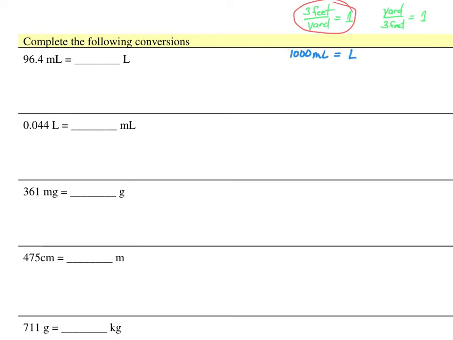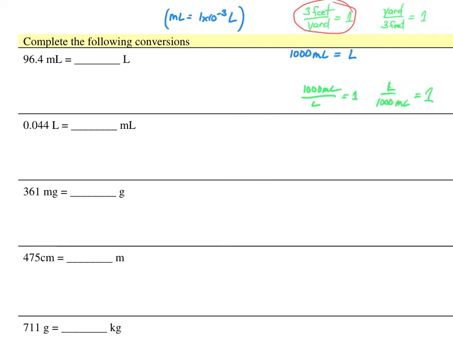I prefer to use this identity rather than a milliliter is equal to 1 times 10 to the minus 3 liters, simply because the numbers are much easier to work with, and I suggest you do the same. With this identity, we can write our two conversion factors. 1,000 milliliters is equal to a liter, and we know that a liter is equivalent to 1,000 milliliters.